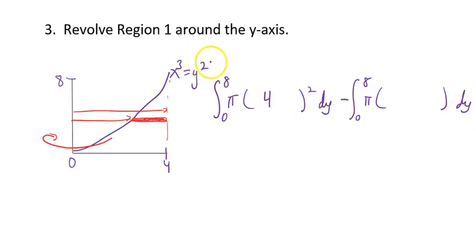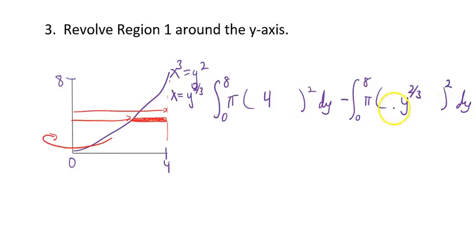So I need all the stuff on the y. In other words, I need to take the cube root of both sides. Well, cube root is a 1/3 power. So I'm going to say this is x equals y to the 2/3 power. It's just another name for that function, but it has the variable that we need. So our short arrow is touching the function. That is our second radius, y to the 2/3.